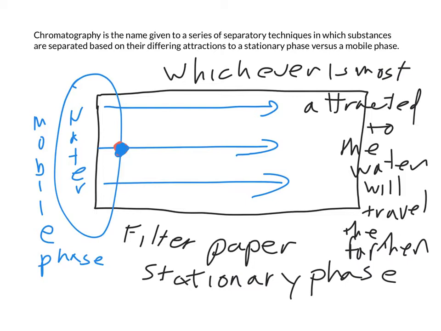And that's really how all chromatographic techniques work. Things that are more attracted to the mobile phase, such as water, will travel farther.